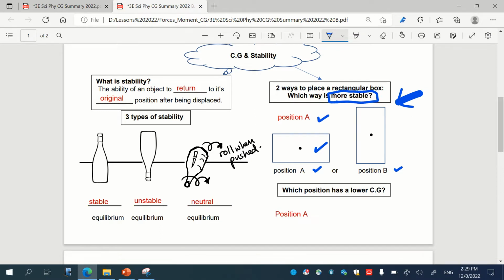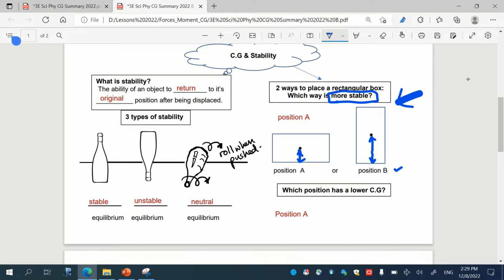All right. So by looking at these two diagrams, first of all, you can see a difference between position A and position B. For position A, the CG is very low, very near to the base. But for position B, the CG is higher from the base, which means stability has got something to do with the height of the CG.